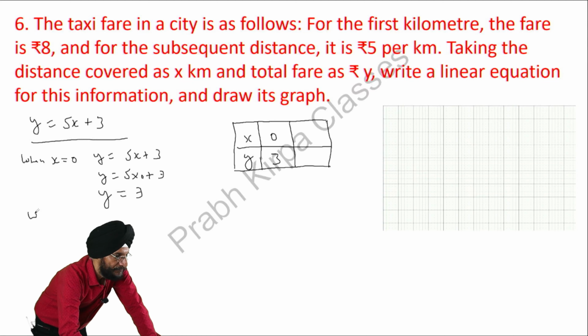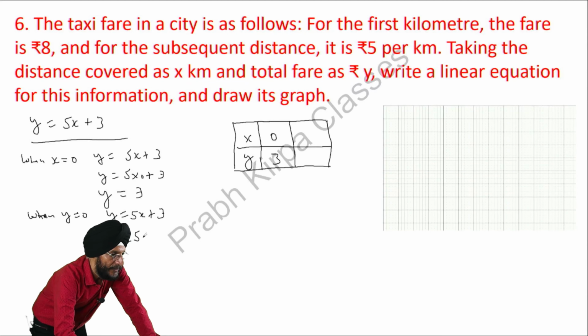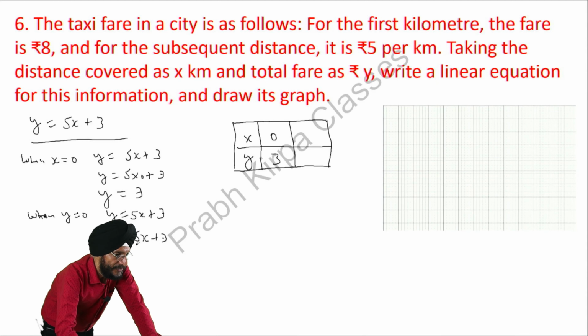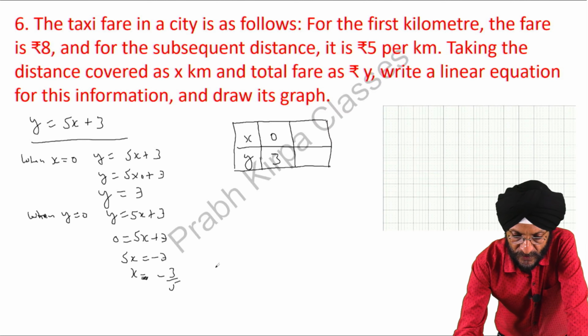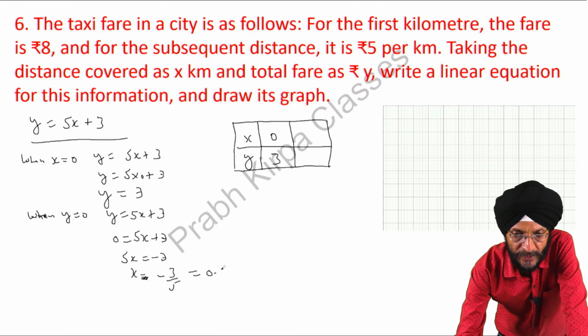Now when we let y be equal to 0, what will happen? 0 is equal to 5x plus 3, or in other words, 5x is equal to minus 3, because 3 will go to the other side and become minus, and x will be equal to minus 3 over 5. We can also write it as minus 0.6.